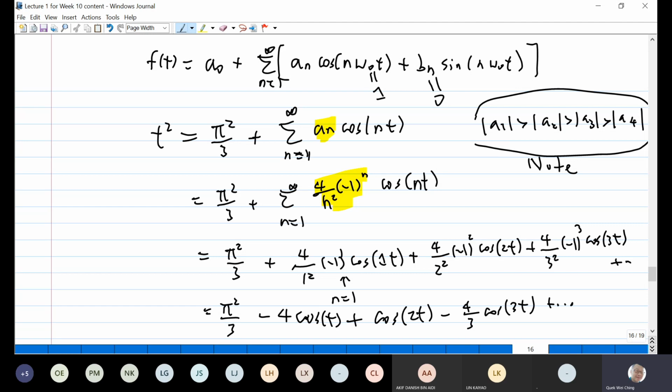So this is a1, a2 with n equal 2, a3 with n equal 3. The terms are getting smaller and smaller. This is how an looks like.